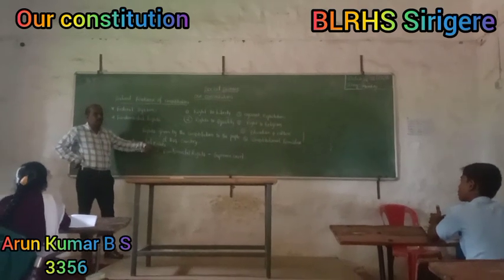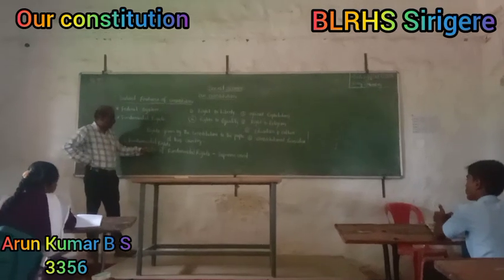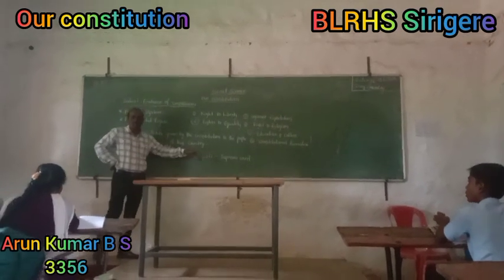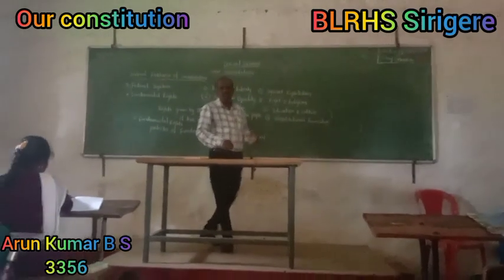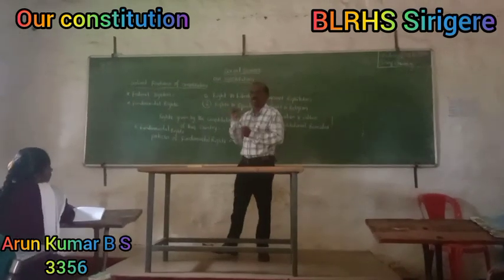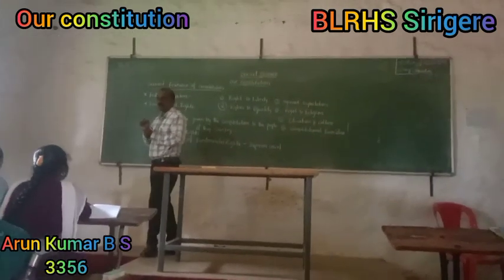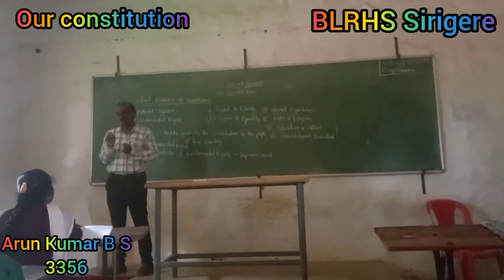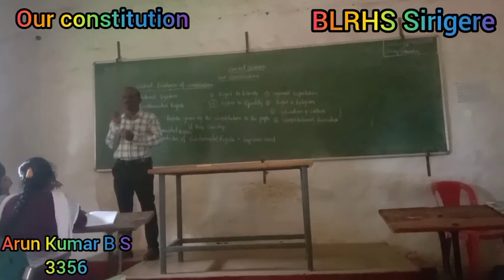So that's why the Supreme Court is called the protector of fundamental rights. In the examination they will ask which is called the protector of the fundamental rights. It is the Supreme Court. Why is the Supreme Court called the protector of the fundamental rights?